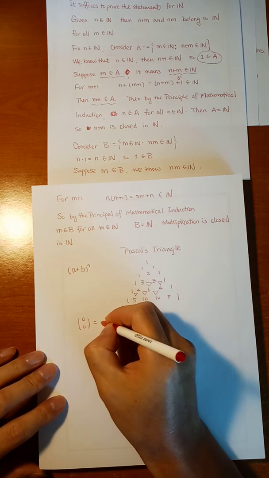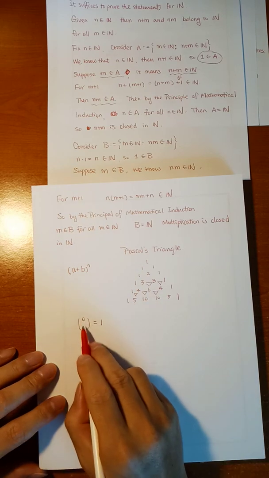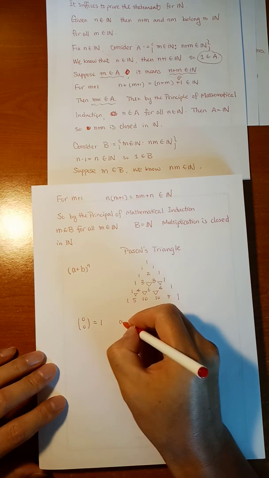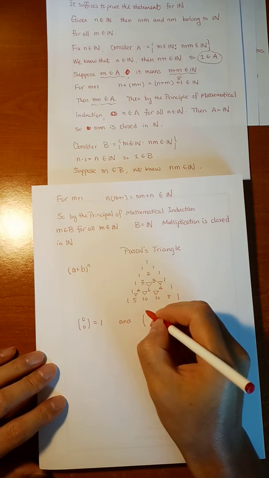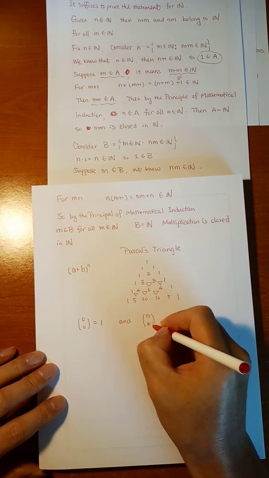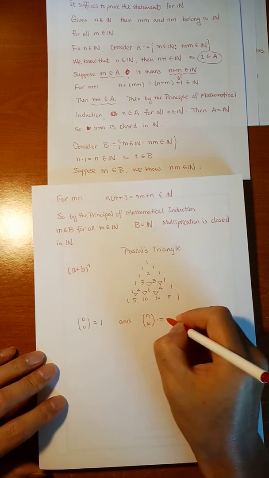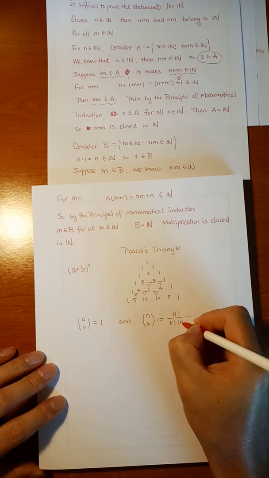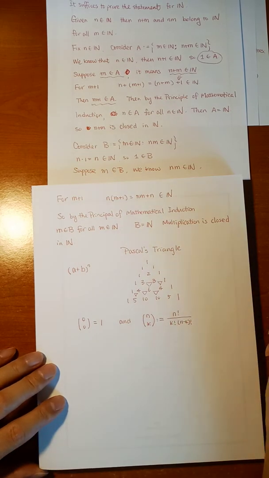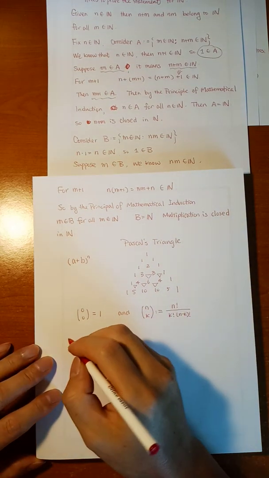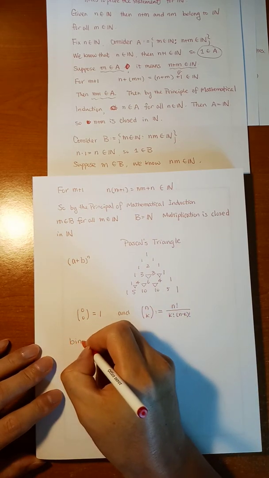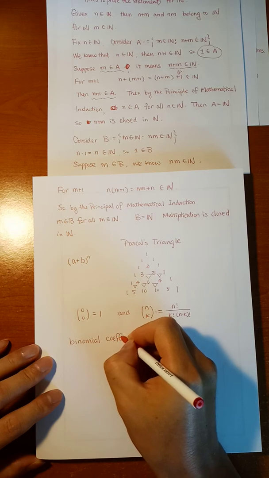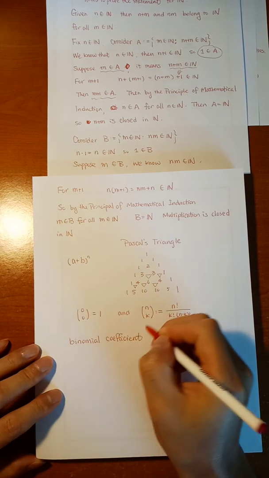First, we define 0 choose 0 as 1. And then we define n choose k, by definition, to be n factorial over k factorial times (n minus k) factorial. It's a binomial coefficient.